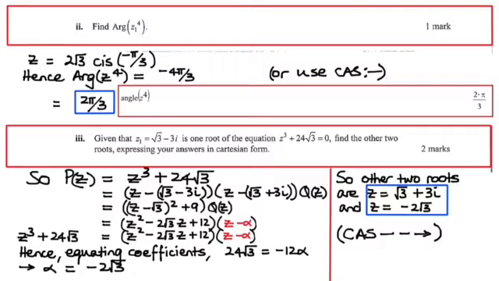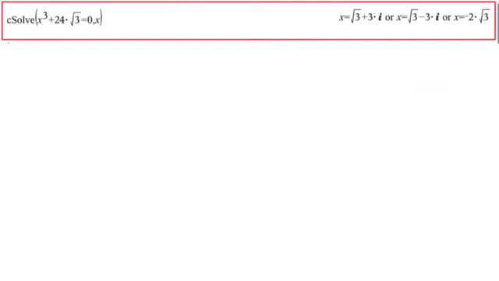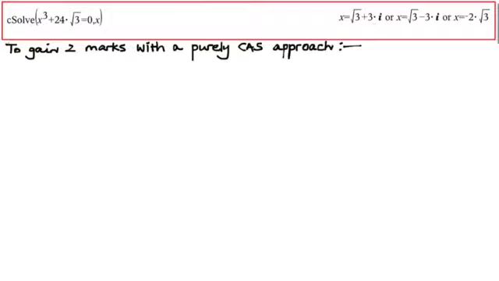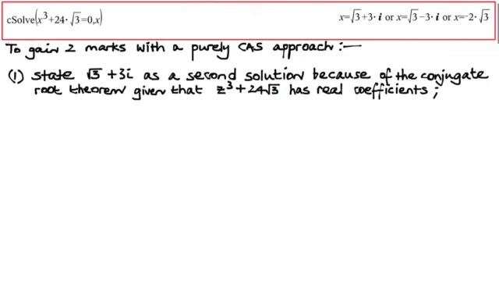Here comes the CAS, guys. If you go C-solve, complex solve of that thing there, I'm using X, doesn't matter, you'll get that. It's very quick, isn't it? So you might have preferred to use the CAS for that. So to gain 2 marks with a purely CAS approach, ladies and gentlemen, what I would recommend is this.